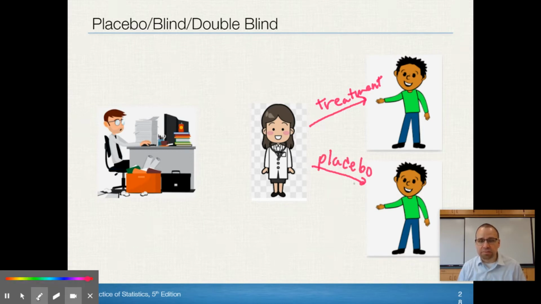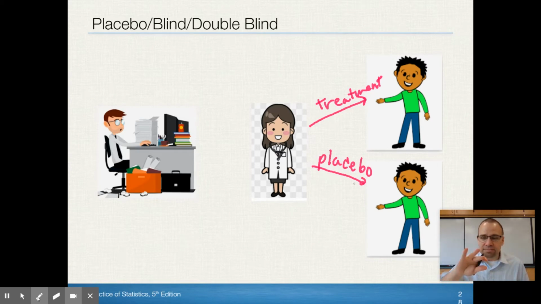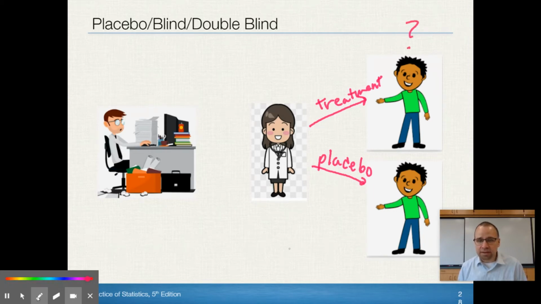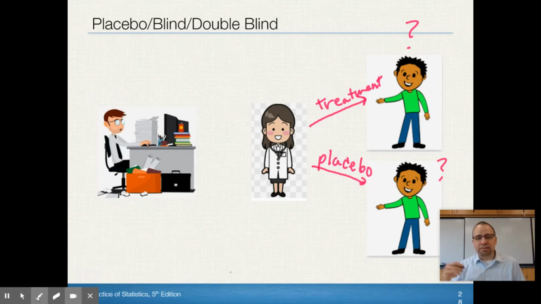Usually it's a sugar pill. But there's still a problem with this. You would think that this would work, by not letting the person know which one they're getting. This is called single blind. When the people don't know whether they're getting the real treatment or the placebo, that's a single blind experiment.